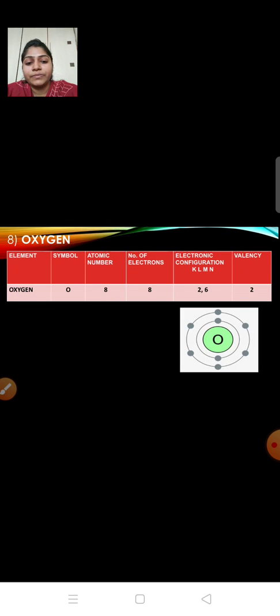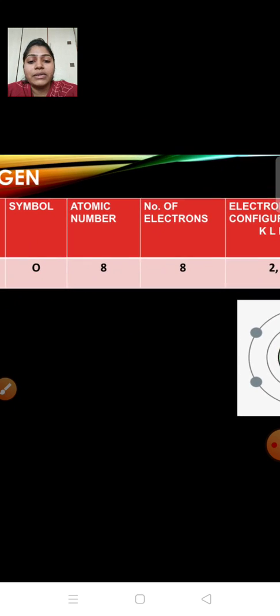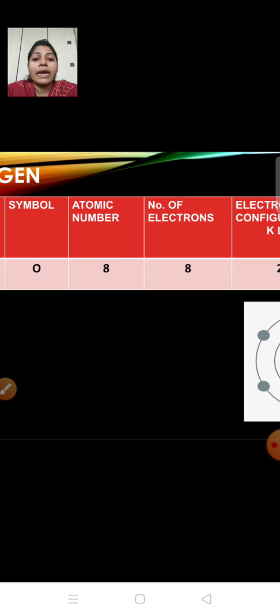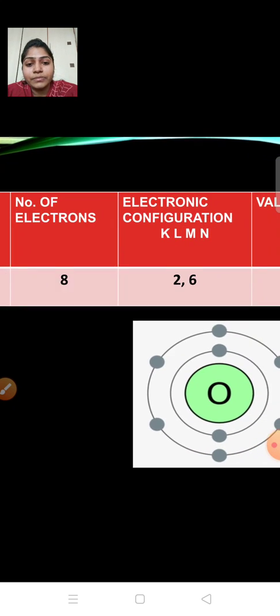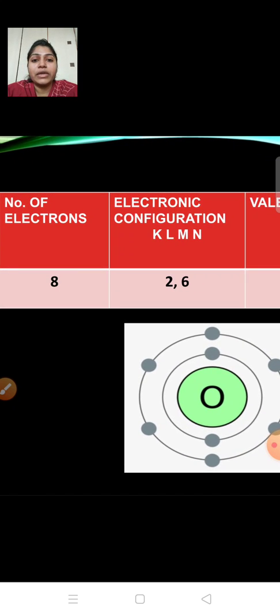The next element is oxygen. Symbol is O. Atomic number 8. Number of electrons 8. Electronic configuration is 2 electrons will occupy K shell and the remaining 6 electrons will be occupied by L shell.